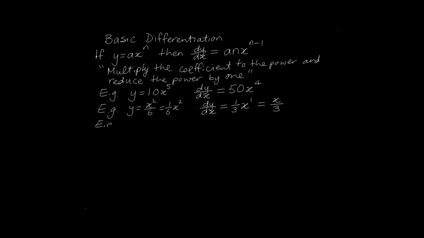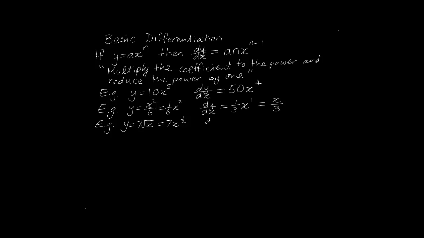Now sometimes we can incorporate our index rules as well. Suppose I've got y equals 7 times the square root of x. I can think of this as 7 times x to the power of a half. Before I differentiate, what I've done is rewrite that term so that x looks like x to the power of a half.